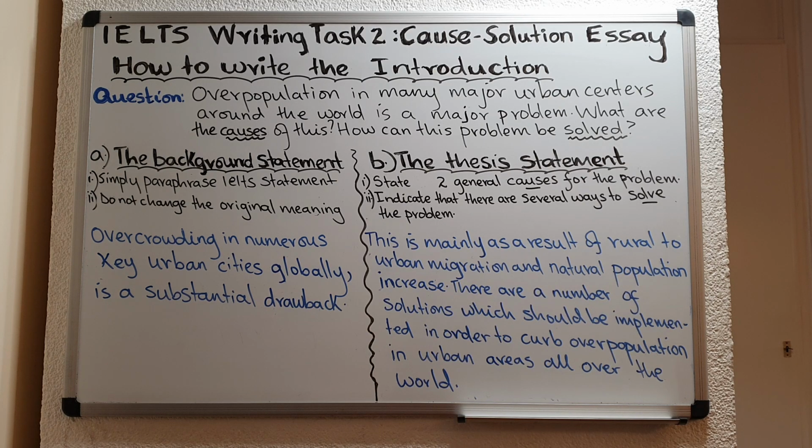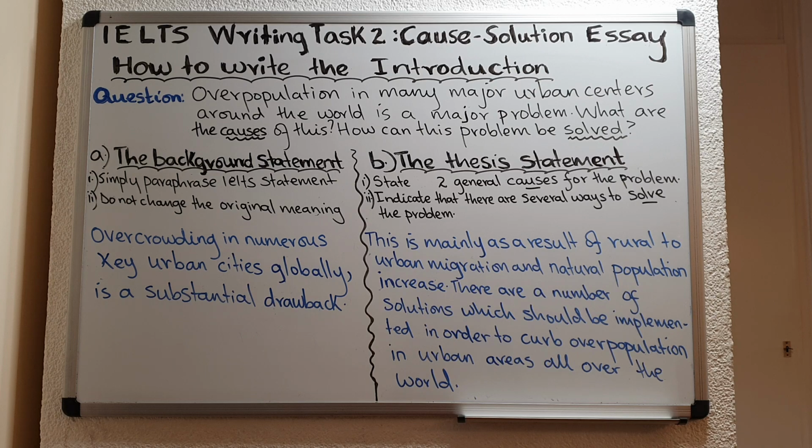When it comes to your introduction, the examiner is looking for two things: the background statement and the thesis statement. How do you write the background statement? It's the easiest thing to write when it comes to your IELTS Writing Task 2. All you have to do is simply paraphrase the question statement. In other words, write it in your own words.